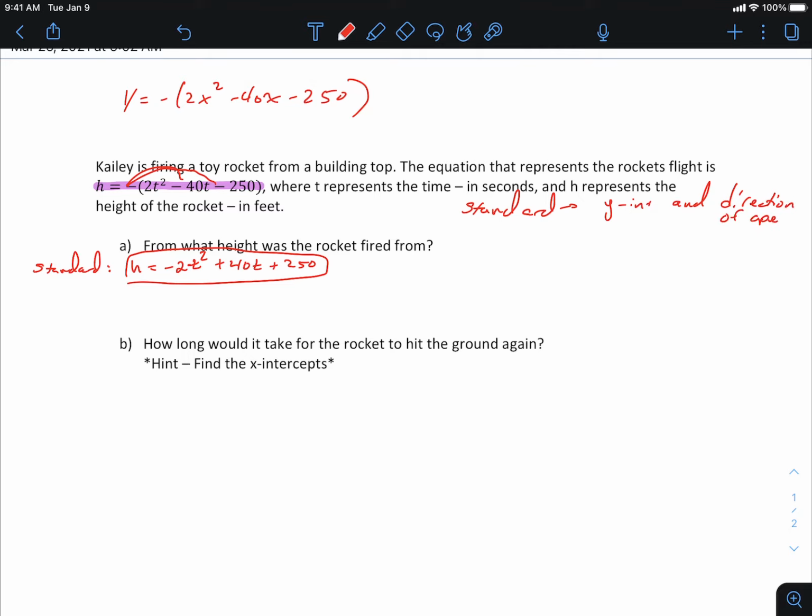Right, and so if this was just an equation on a page, you guys would be able to look at this and say, okay, what's the y-intercept? I'm looking at the standard form of this quadratic, and I want to know what height the rocket was fired from. Well, that's my c value, right?